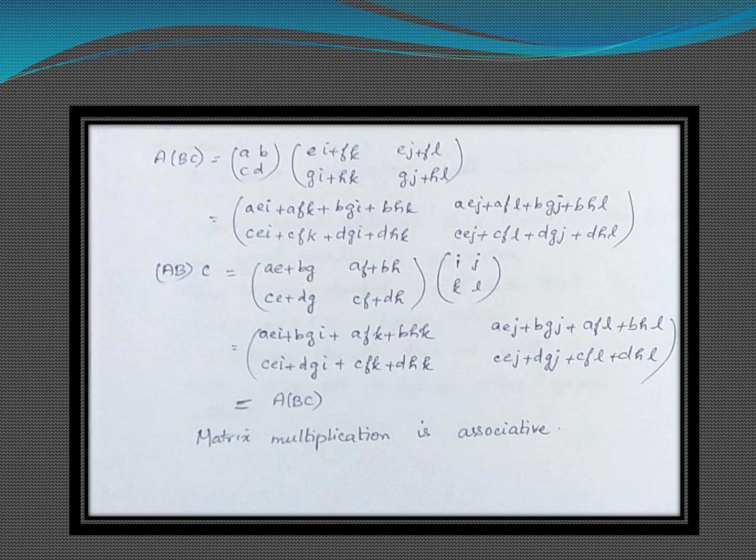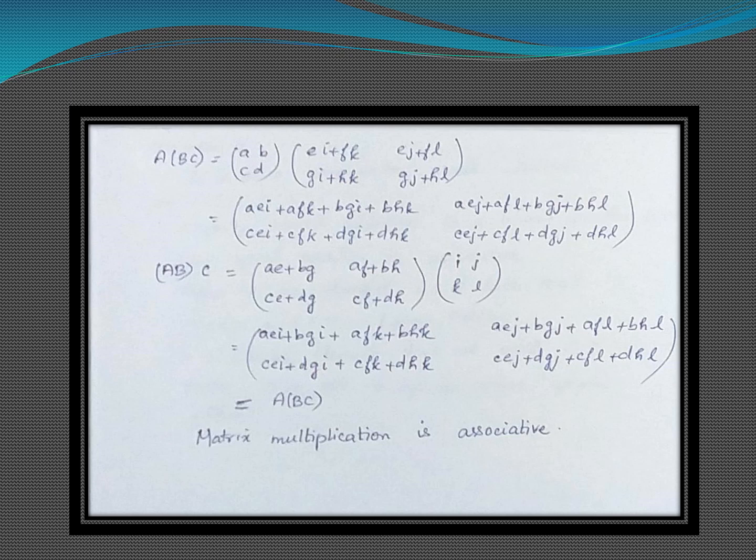Similarly, the other elements also we can find. Then we simplify this one as the matrix [AE plus BG, AF plus BH; CE plus DG, CF plus DH] into the matrix [I, J; K, L].